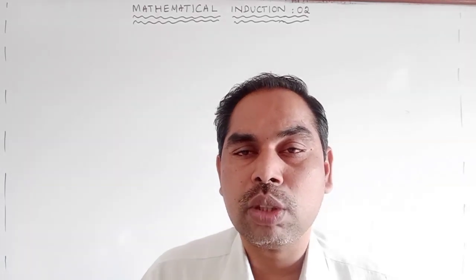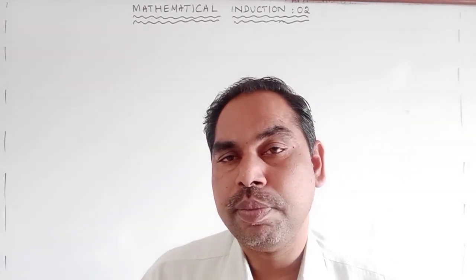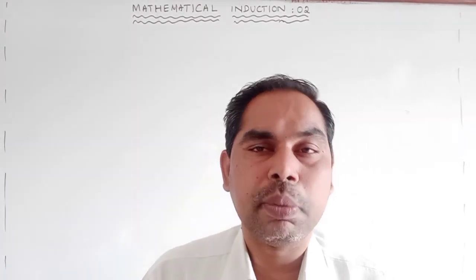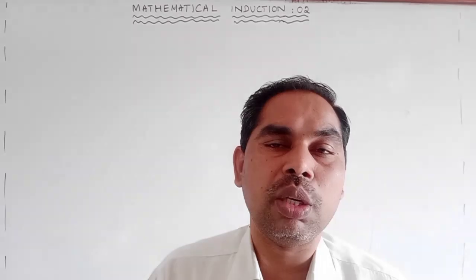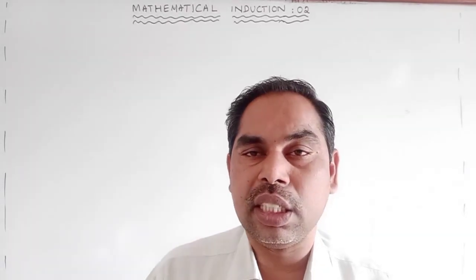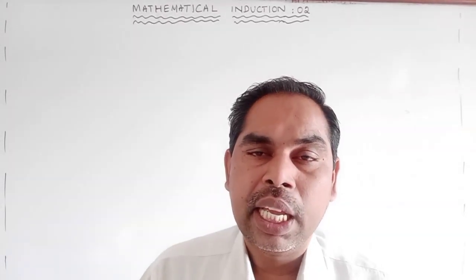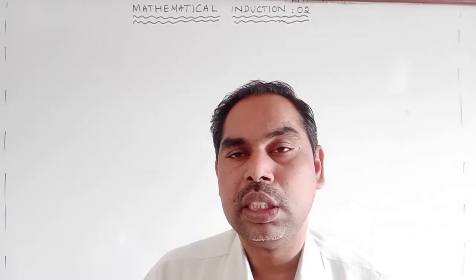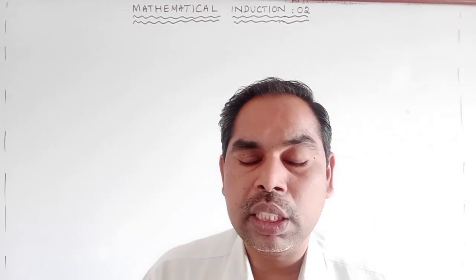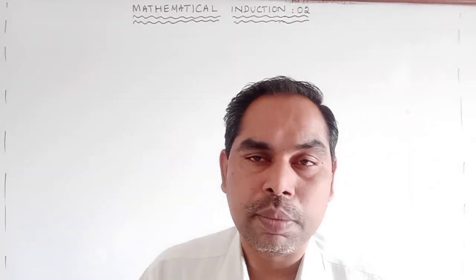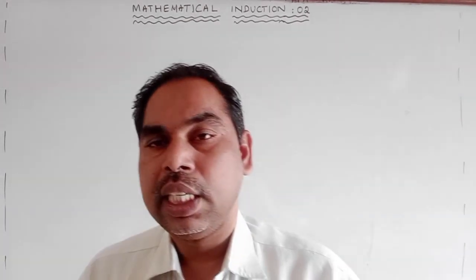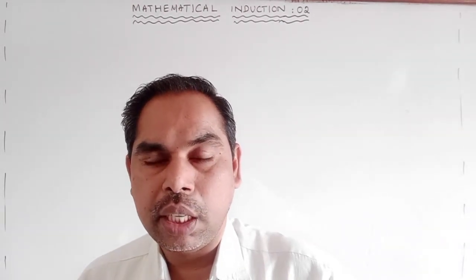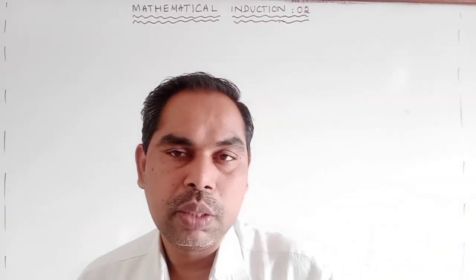So 20 belongs to integer Z. Minus 50 is divisible by 5, so minus 50 divided by 5 is equal to minus 10, also an integer. So if an integer is divisible by a positive natural number, positive integer, then the integer divided by a positive natural number is an integer.